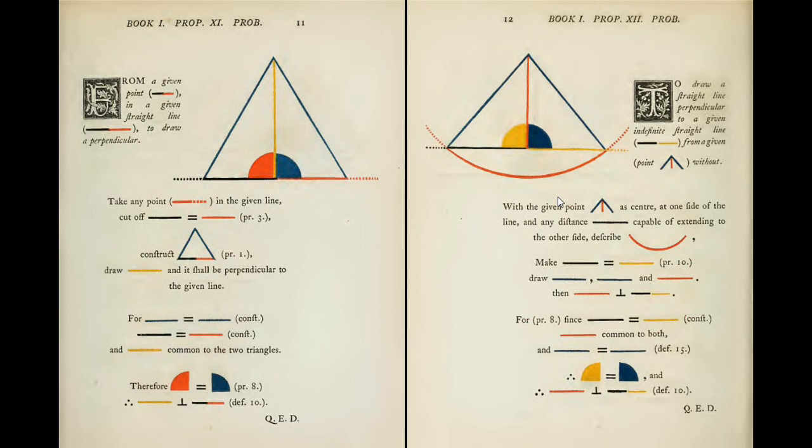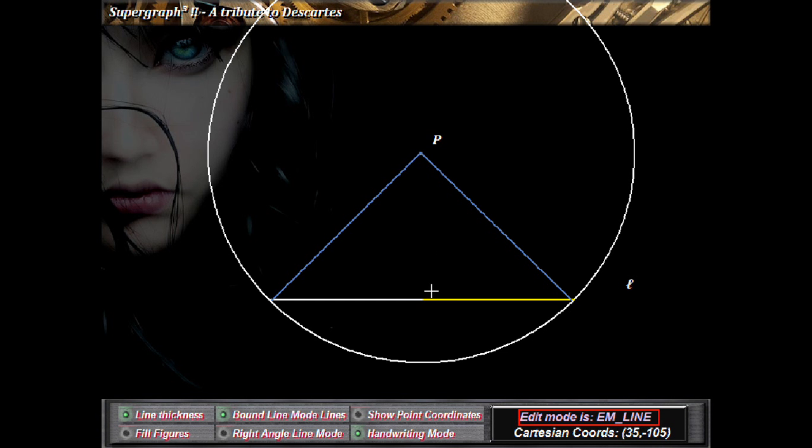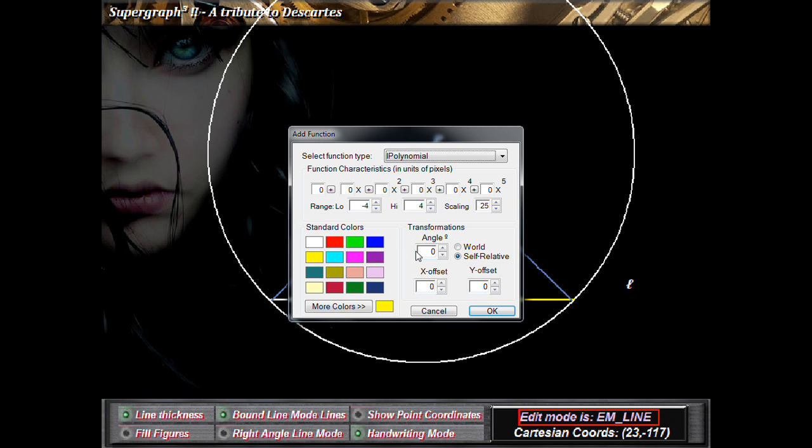Now it's bisected, and we can now draw a red line from the intersection of the two segments. And again, make cheat. Not red.